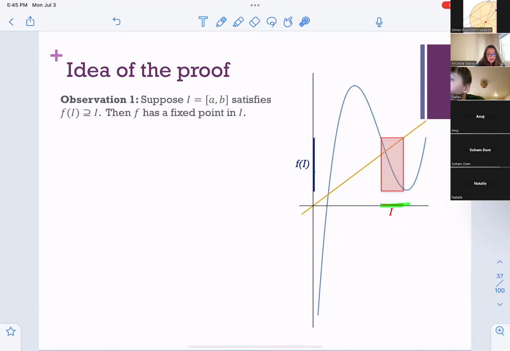If I plug in that interval I, I plug all those points into my function, I'm going to get some y values out.